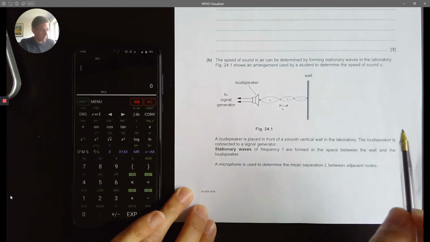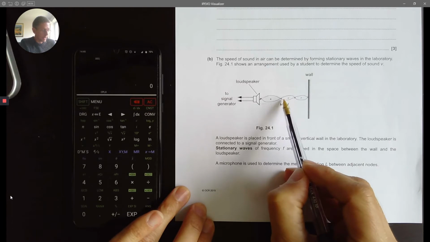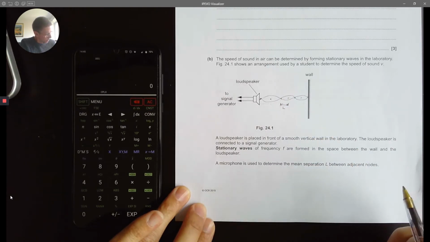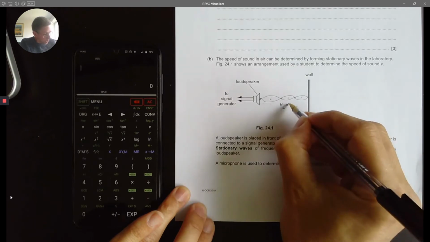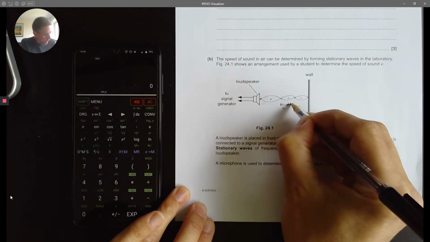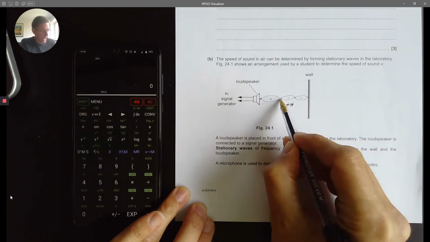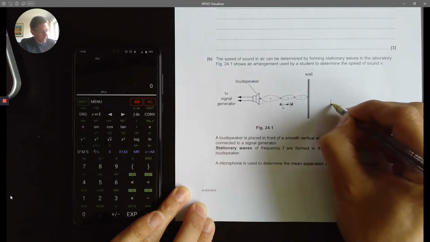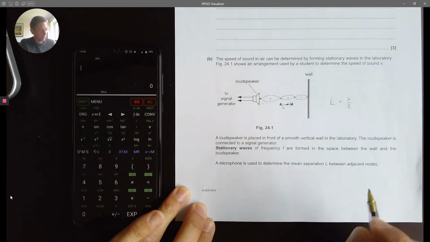So notice that the distance L here is half of a wavelength, so L equals lambda over 2.